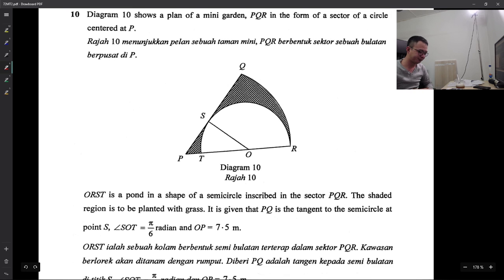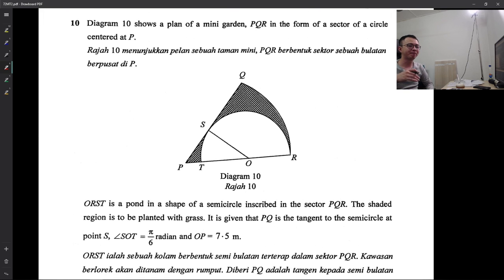Alright, so number 10 here. Diagram 10 shows a plan of a mini garden. PRQ is in the form of a sector of a circle, center at P. So we know this is a sector, and this is center at P. RST is in the shape of a semicircle inscribed in the sector PRQ.